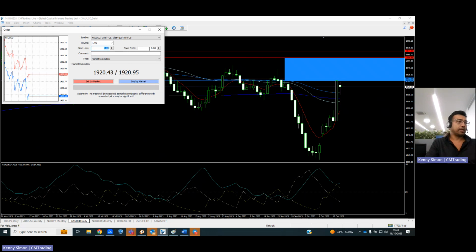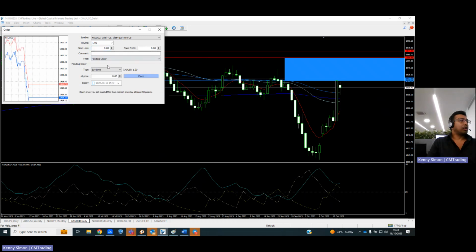So 1960 would be ideal. 1955 is entirely up to yourself. The earlier one basically gives you less profit potential, but is a little bit safer in terms of the reversal potential. Okay, then you insert your take profit and make sure the type of execution is changed to pending order instead.